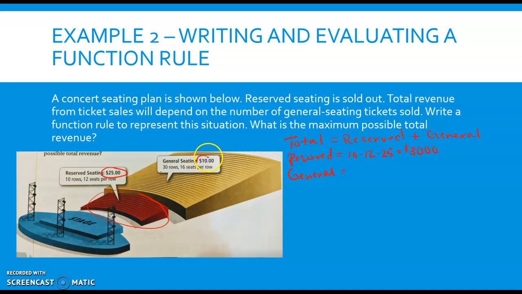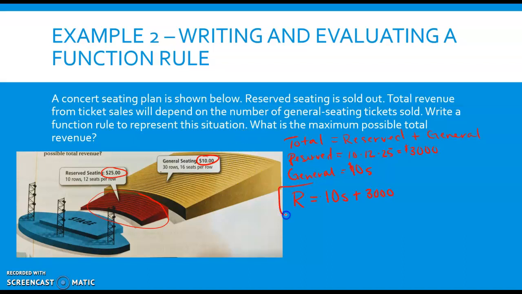Now our general is going to be $10 per seat. $10 a seat. So 10S. All right, so if I'm going to write our total, I'm going to make it R for revenue. So revenue is going to equal $10 per general seat plus the $3,000 we already earned in the reserved.